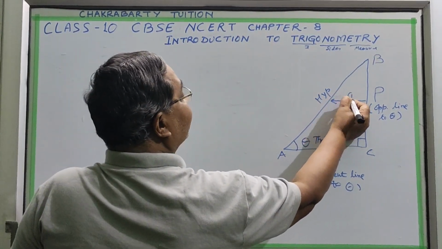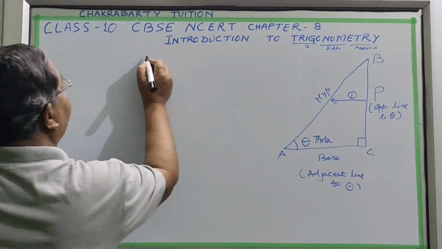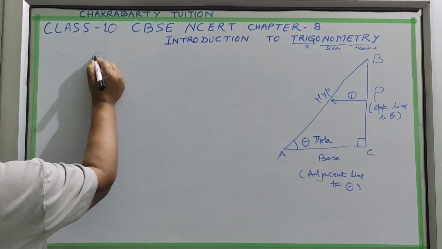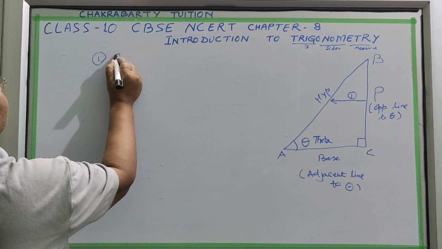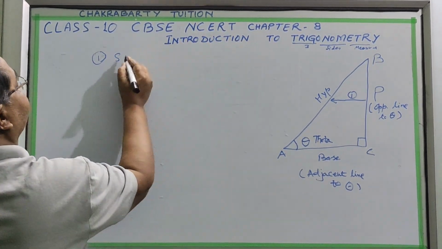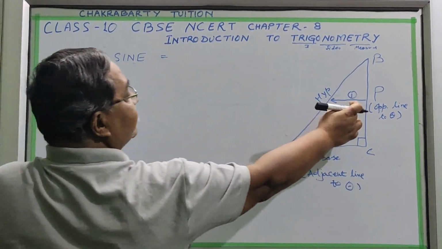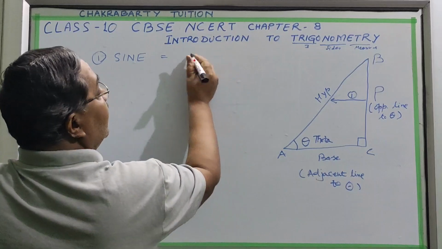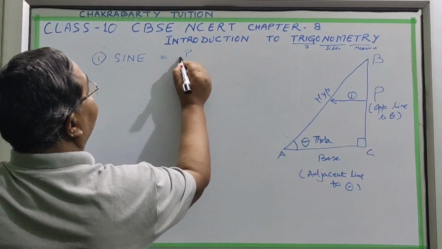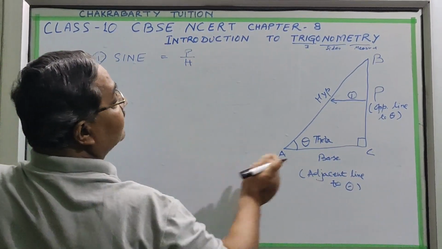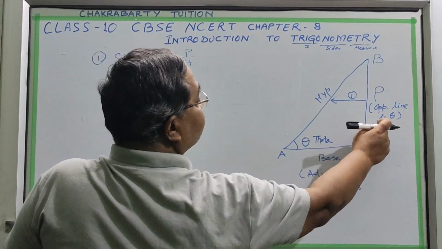So suppose for this we want a relationship. The first relationship in trigonometry is known as the sine. They have made it perpendicular upon hypotenuse, the line opposite to theta.